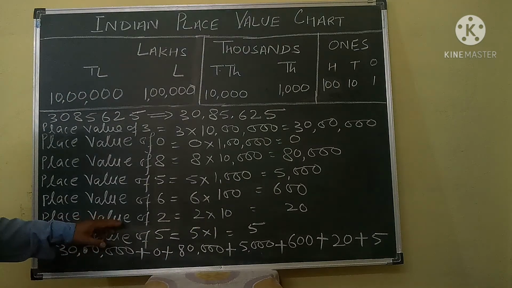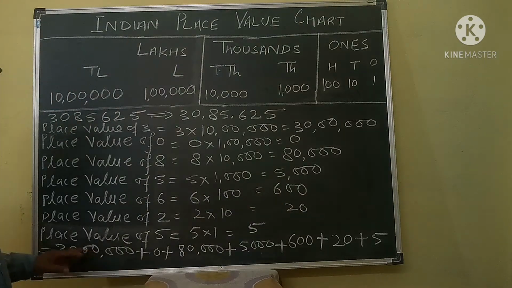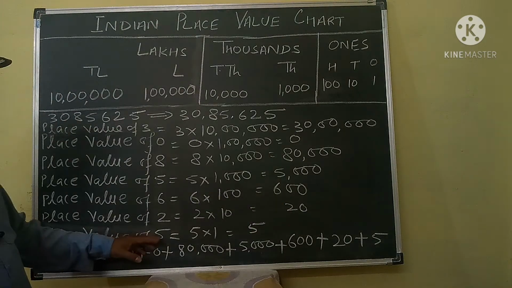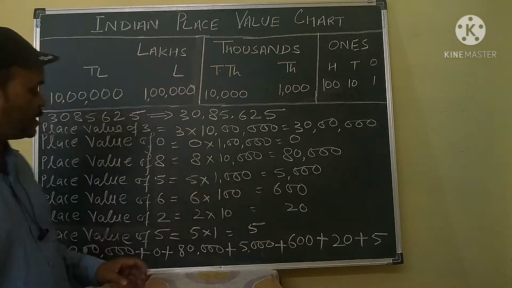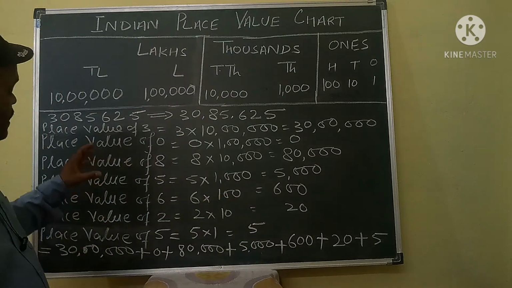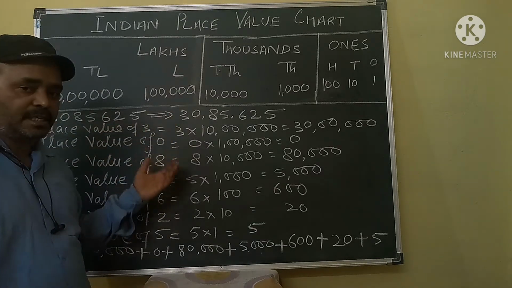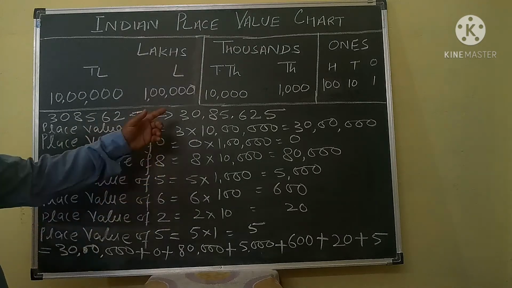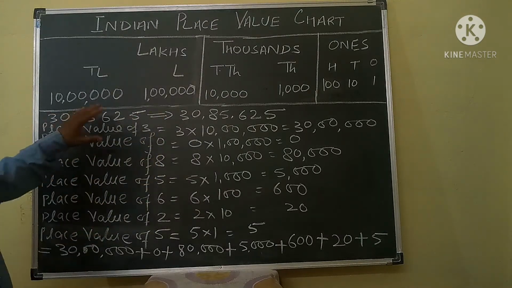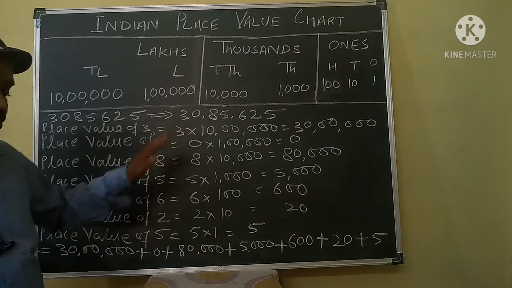Place value of 2 is 20. Place value of 5 is 5. Then after taking out the place value of each digit in the given number, we can write the expanded form of the given number.